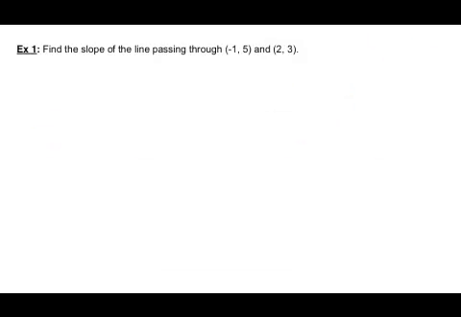The first example is to find the slope of the line passing through -1, 5 and 2, 3. Again, we are given 2 points, so the formula we are going to use is m equals y2 minus y1 over x2 minus x1. We look at our points and label them x1, y1, x2, y2.